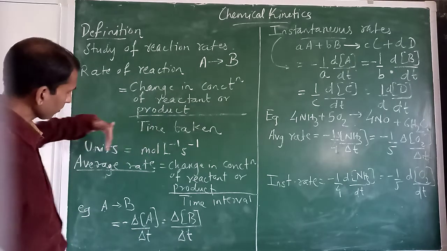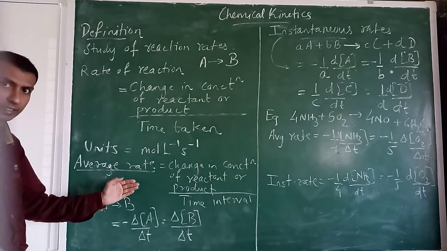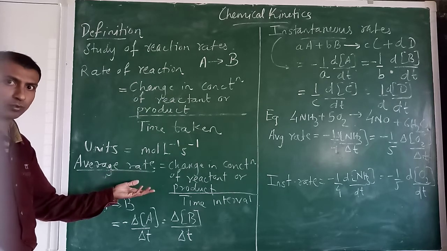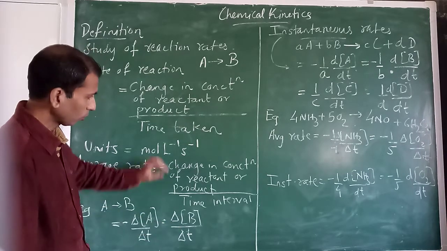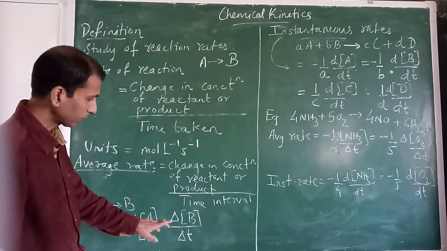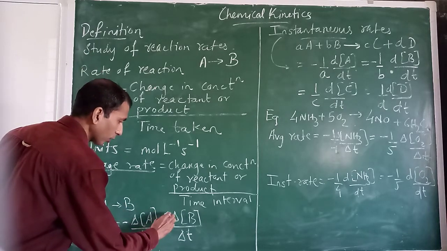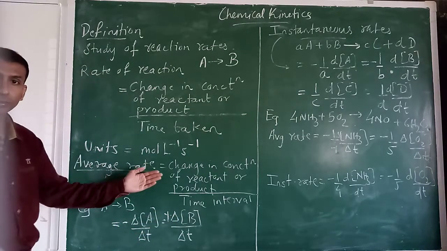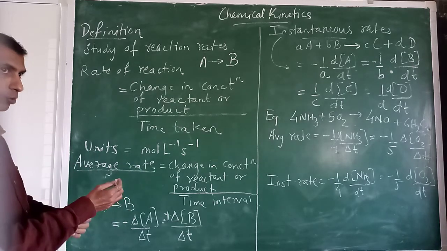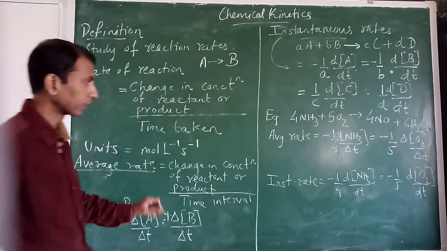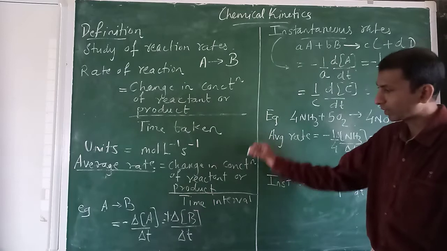Because during this general reaction, concentration of A goes on decreasing, then only we will get the formation of product B. This is also equal to change in the concentration of the product, so you have to write delta B upon delta T, and here the sign is positive because the concentration of the product B is going on increasing. That's why you have to write plus sign here. So this was the first type of rate of reaction, that is average rate.